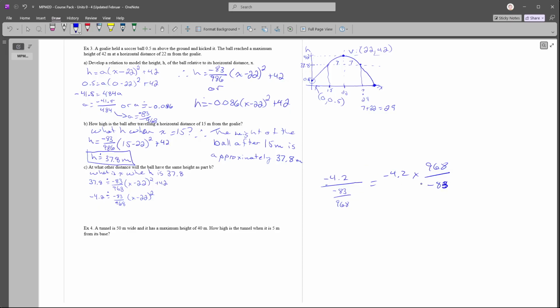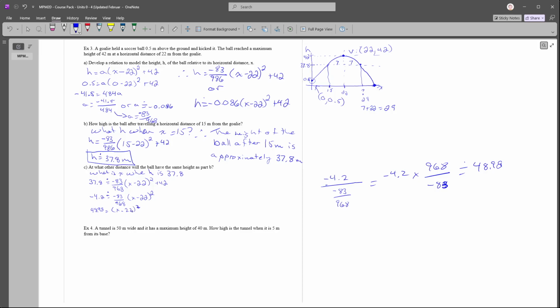The negatives go away, and we end up with a ridiculous number, approximately 48.98. I don't know why I write 99. So 48.98 is equal to x minus 22 squared.